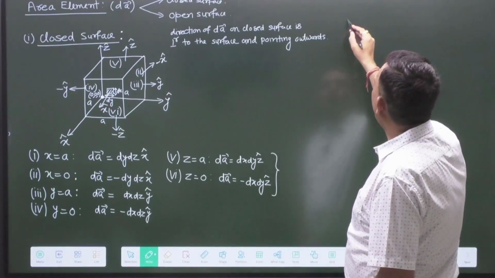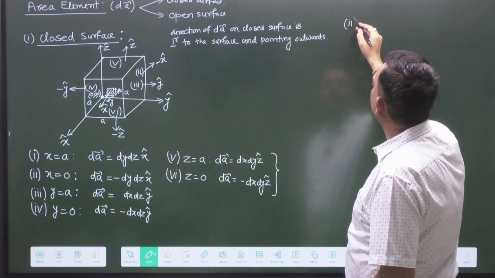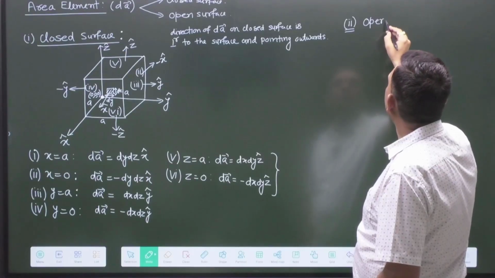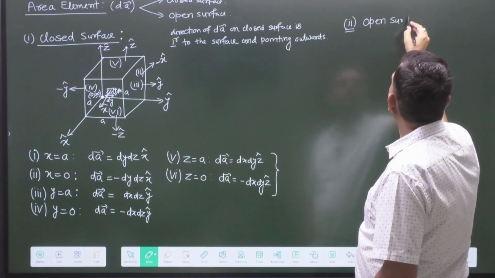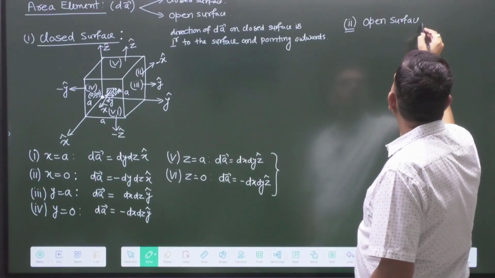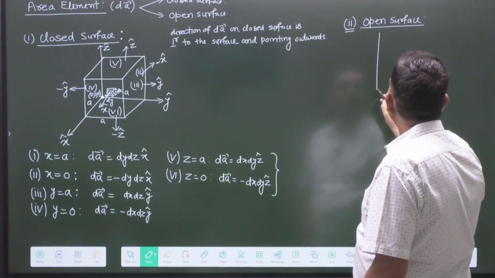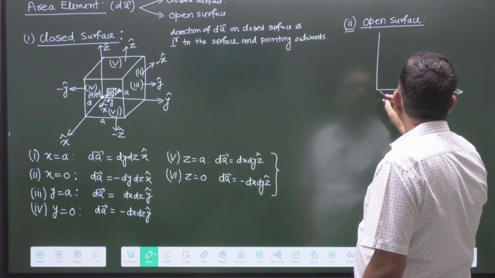Second is the open surface. How to write the area element on an open surface? So I am taking one example of an open surface.